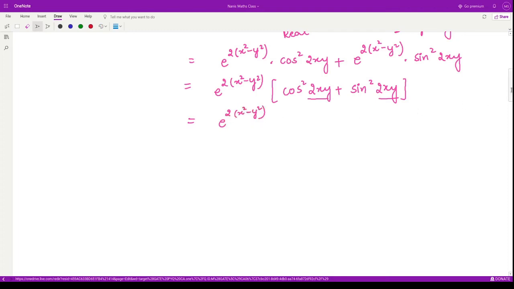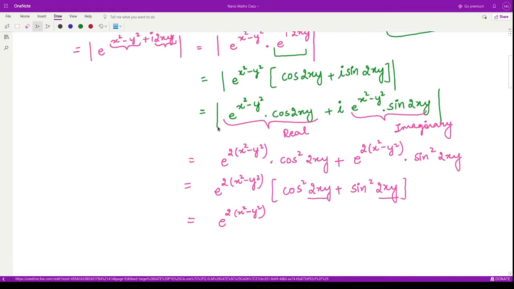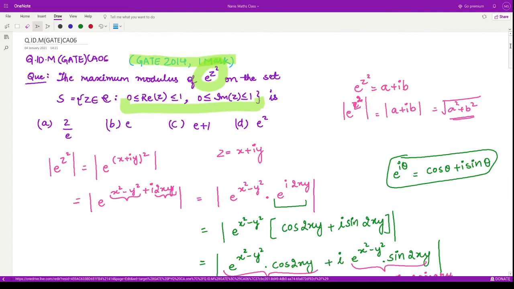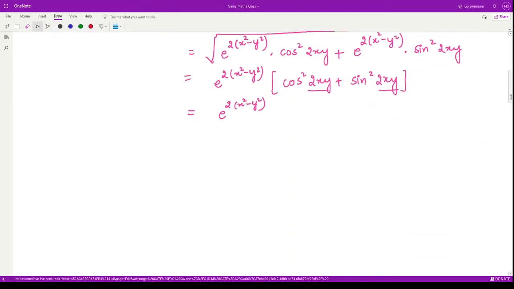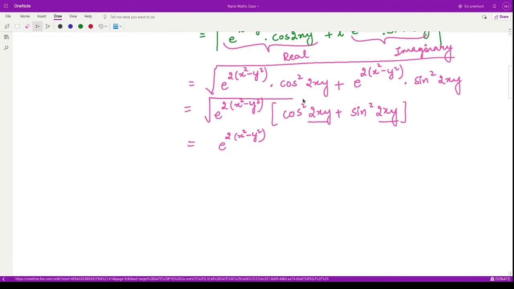This is the modulus square, right? If we are calculating the modulus, we take the square root of this whole thing, because the formula is the square root of the real part square plus imaginary part square. So in effect we are left with e to the power x square minus y square only.